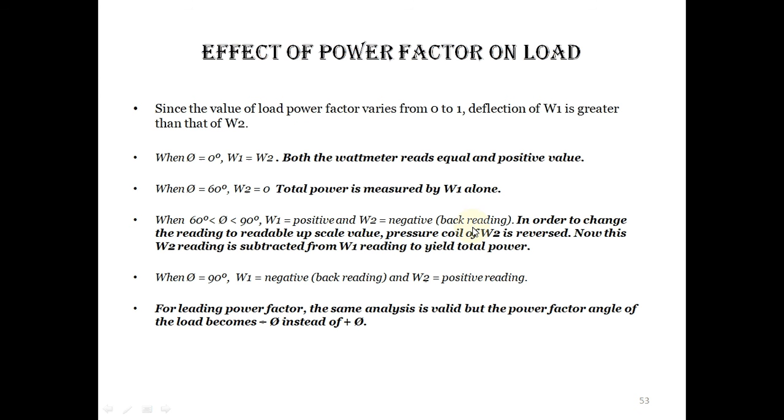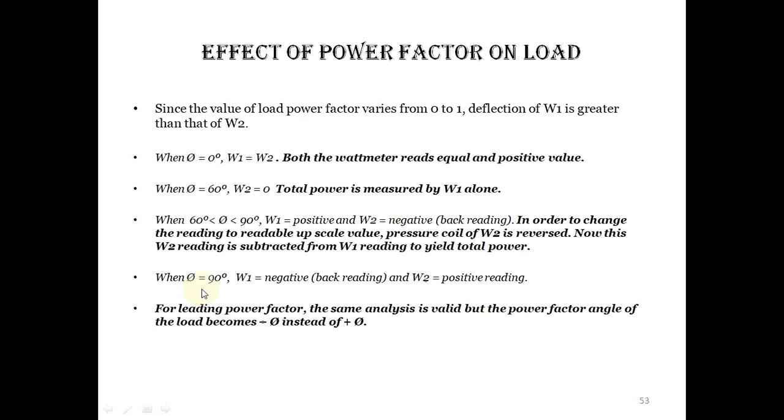You can remember in the lab the terminals MLCV on a wattmeter, four terminals. The pressure coil is CV, so that connection can be reversed easily. Once the pressure coil connection is reversed, you will get a positive deflection. Now both wattmeter readings are positive, so treat the one as minus whenever you are calculating, and that will give you the actual reading.